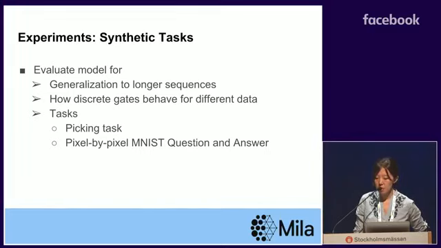And the other thing we want to evaluate is how the discrete gate behaves for different data. Based on these 2 criteria, we selected 2 tasks. The first task is called a picking task, and the second one is called a pixel by pixel MNIST QA task. And I'll explain more about the tasks in the later slides.